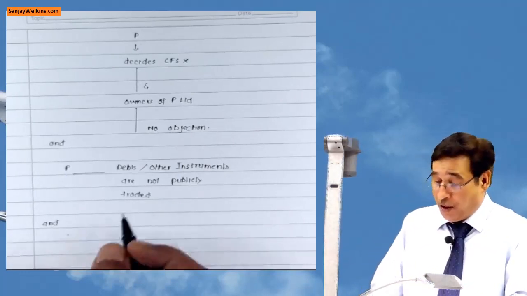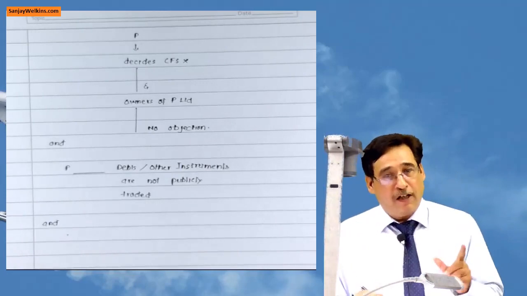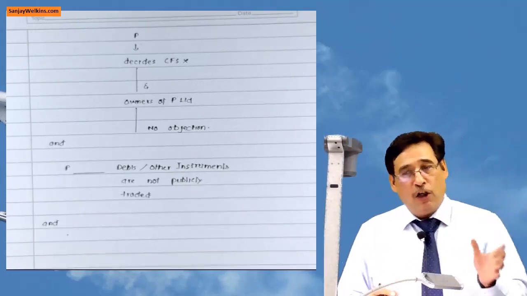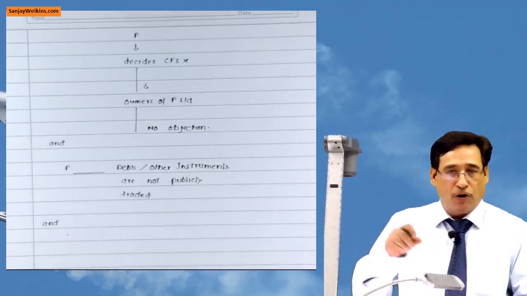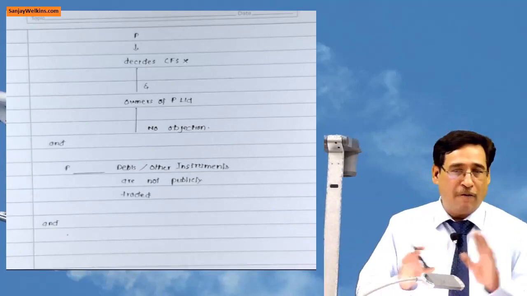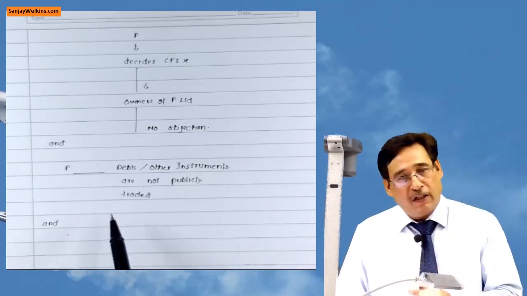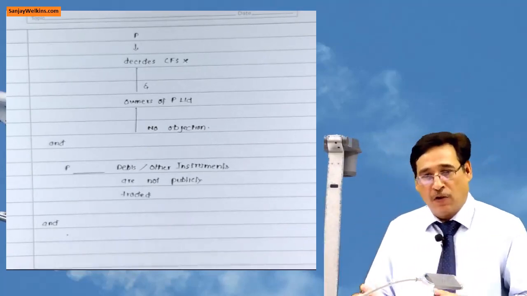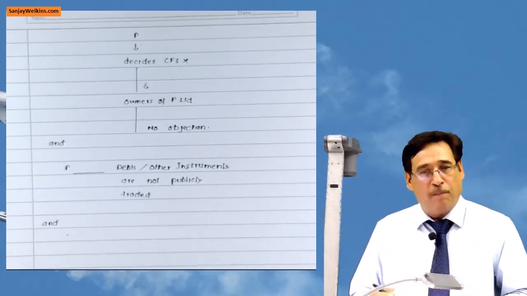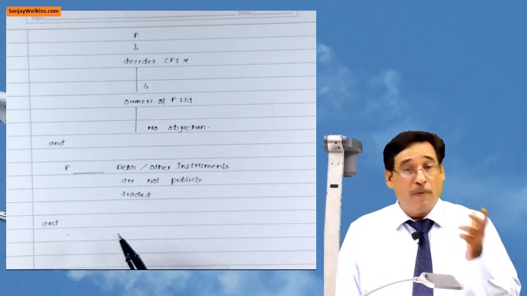It means the sentence is: P Limited is a parent, number one. It is also a subsidiary, wholly or partially. It decides not to prepare the consolidated financial statement. Owners of P Limited have no objection to it. Further, debt securities or equity securities are not being traded in the public market, whether domestic or foreign.